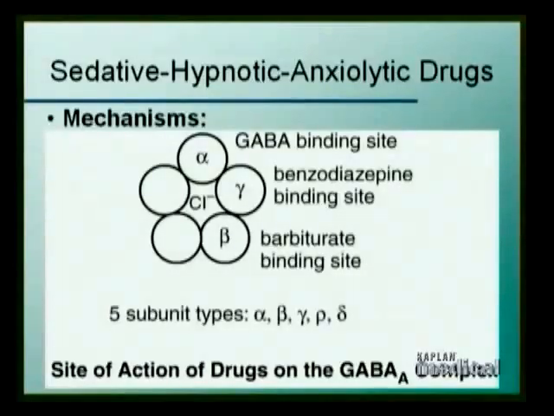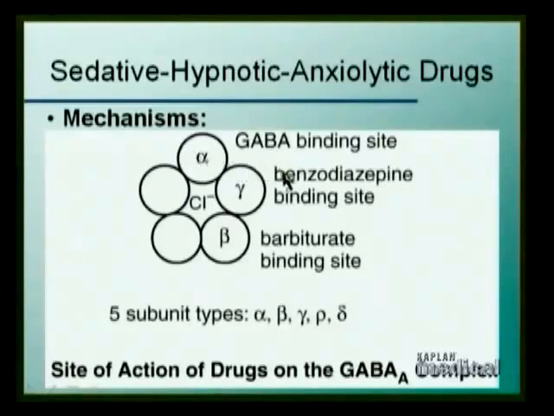Benzodiazepines, barbiturates, and alcohol interfere with the GABA A molecule. Let's look back at that same diagram. When we look at the 5 subunits indicated in the diagram, GABA, the endogenous neurotransmitter, binds to the alpha subunit. As a matter of fact, the rule of thumb is that the alpha subunit of a ligand-gated channel is generally the unit that binds to the endogenous neurotransmitter.